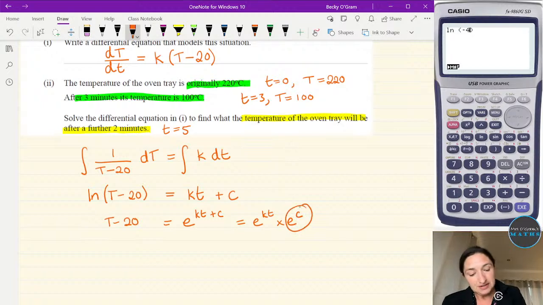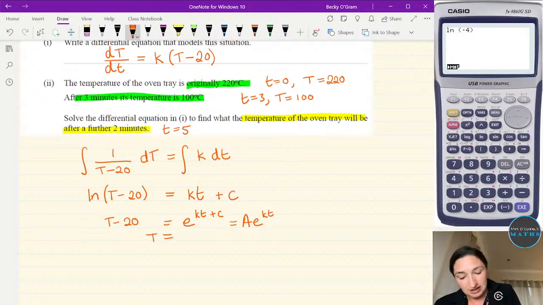Now e to the c, well, e is a constant being raised to the power of a constant. So it's better to just write that as one constant. It still is just a constant that we haven't worked out yet, which means that we can put it at the front here and we get A e to the kt. So then T is equal to A e to the kt plus 20.